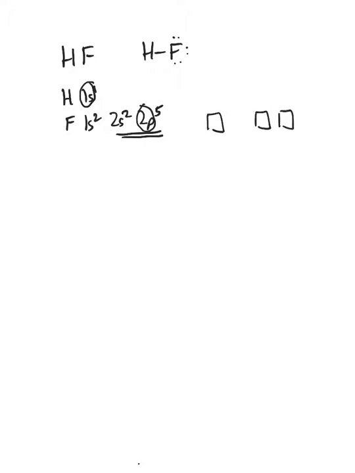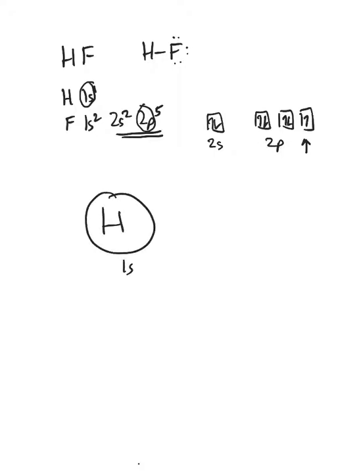So if we did a box diagram for fluorine, it's got the 7 valence electrons. There are 2 in the 2s, 3, 4, 5, 6, 7. So we're wanting to overlap that p orbital that only has one electron in it. And so here's my hydrogen, 1s, and here's my fluorine.